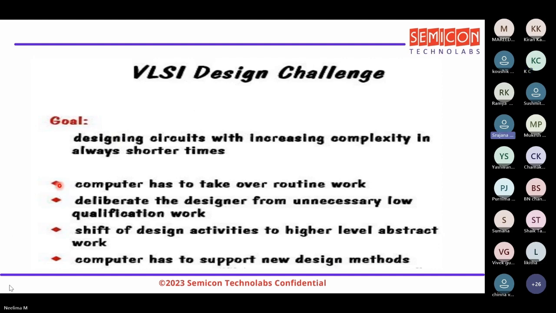EDA means electronic design automation. It's a software, similar to how you have MATLAB software. I believe the majority of colleges have MATLAB software. In a similar way, for designing a chip we need a software where we can visually see the transistor, visually see the standard cell, visually see the net which is connecting between standard cell to standard cell, or from one transistor to another transistor.